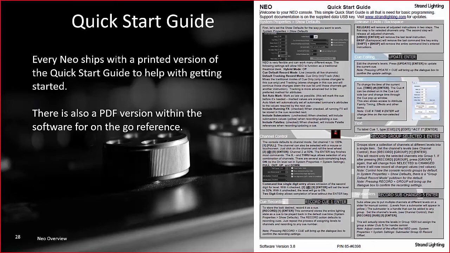I often actually print it out and laminate it and have it next to the desk for basic users. It will give you all the information you need for 100% of the use 80% of the time. So it's going to cover all of the basics for you for conventional programming and for LEDs. It does not get into moving lights.